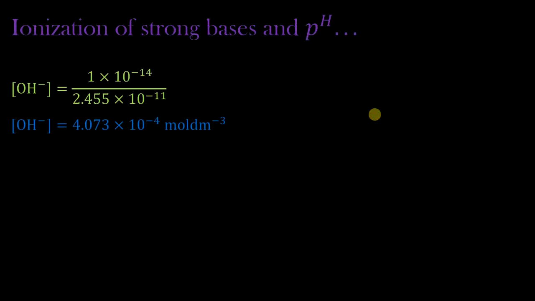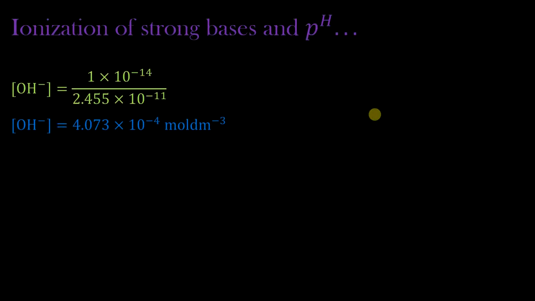So if we substitute for that value, we obtain the molar concentration of hydroxyl ion as 4.073 exponent negative 4 moles per decimeter cubed.